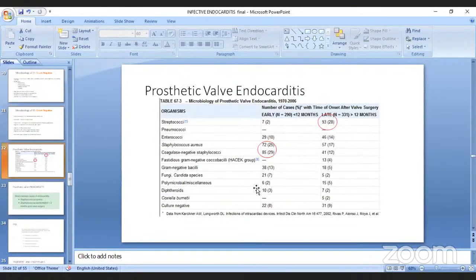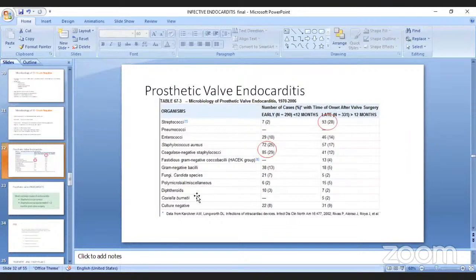Then let's see prosthetic valve endocarditis, because so many questions are asked on it. Studies have gone into the microbiology of prosthetic valve endocarditis, and they looked at the organisms coming in less than 12 months and in more than 12 months after prosthetic valve surgery.